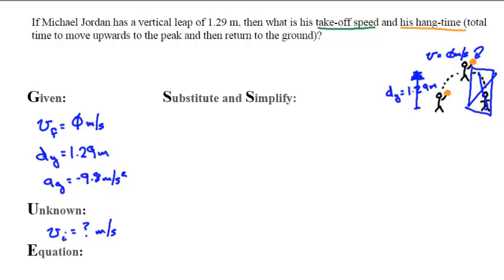The formula that I'm going to use is velocity final squared equals velocity initial squared plus 2 times acceleration times distance.